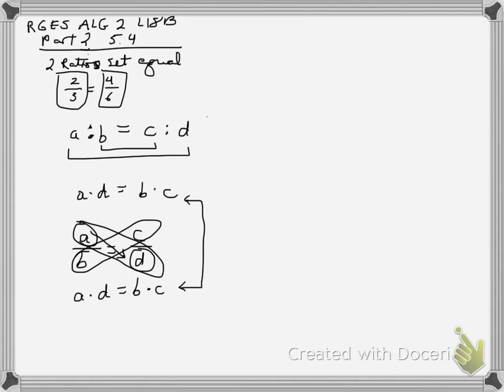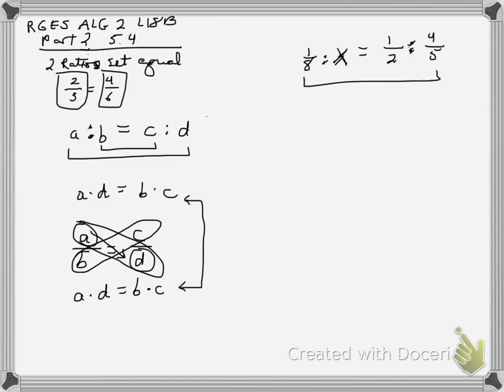So now, using that information, if I gave you a problem like 1/8 is to X as 1/2 is to 4/5, then what would I do to set that up?